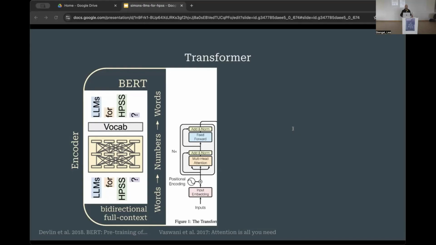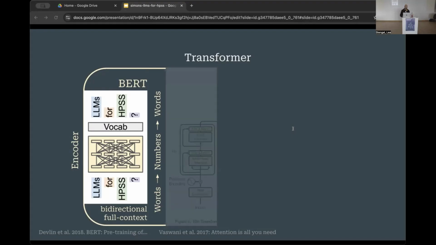BERT stands for bidirectional encoder-based representations from transformers. Bidirectional means that these words can look in both directions. And encoder-based because it comes from the original encoder, but these words don't matter that much anymore.